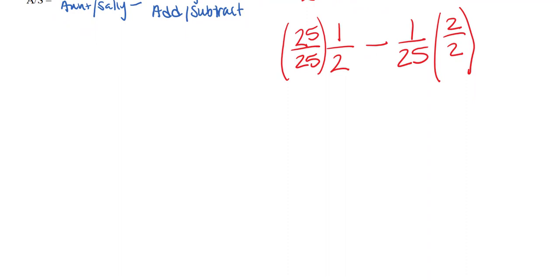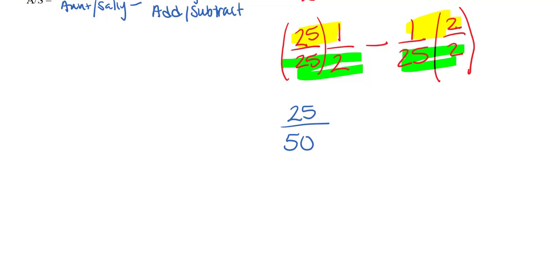So let's now solve. We multiply what's on the top, and then we multiply what's on the bottom. That was a really bad color. Let's do green. So we have 25 times 1 is 25. 25 times 2 is 50. Minus 1 times 2 is 2. 25 times 2 is 50.